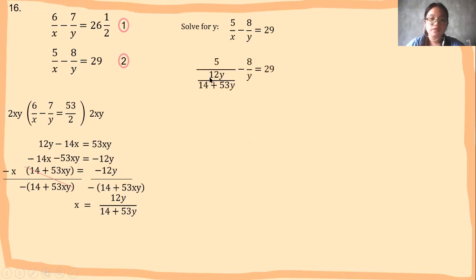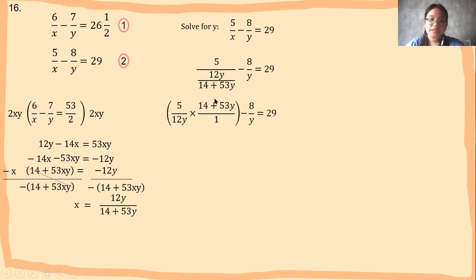So 5 over 12y over 14 plus 53y minus 8 over y is equal to 29. So let's multiply the 14 plus 53y by the 5 over 12y. So let's reciprocal. So the 14 plus 53y will become the numerator and the 1 will become the denominator.